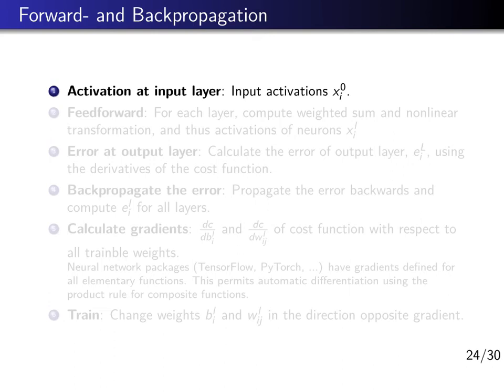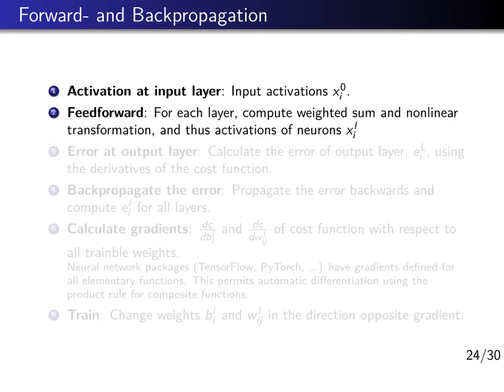And so then an iteration of training a neural network is always this going back and forth between forward and backpropagation. So first of all, we have an activation at the input layer, the input activations. Then we evaluate the network feed forward. So for each layer, we compute the weighted sum and the nonlinear transformation, the nonlinear activation function, and get therefore the output activation of the neurons at that layer.